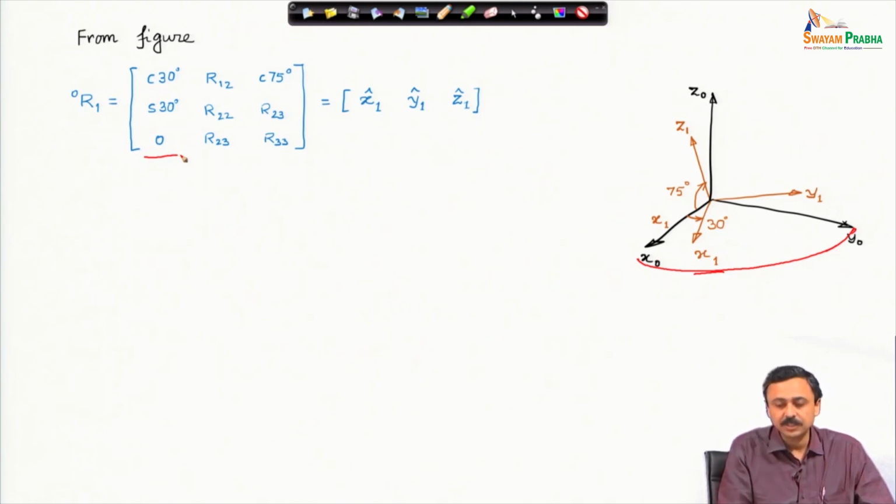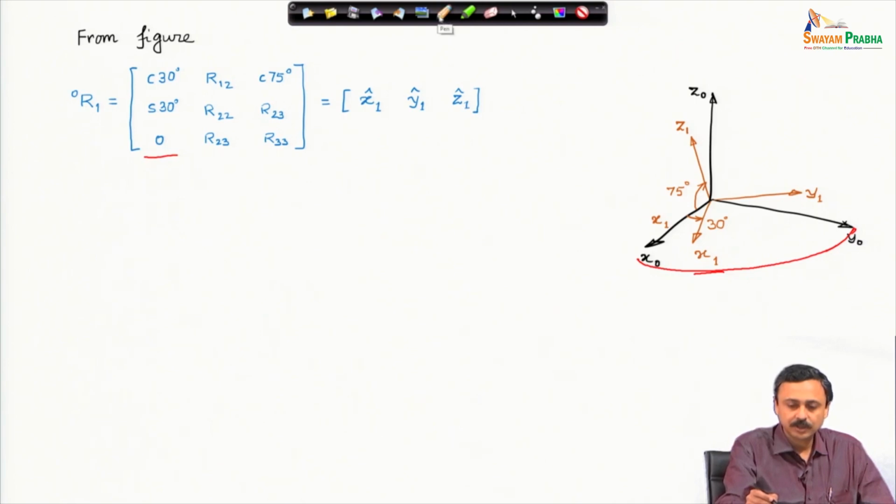Second column is the representation of y 1 in x 0 y 0 z 0, and it so happens that I do not know any of these elements. Therefore, I keep them as unknowns, R 12, R 22 and R 32.